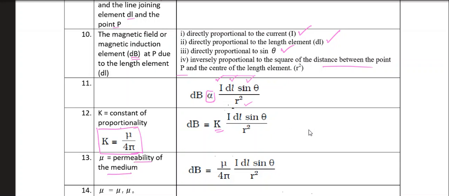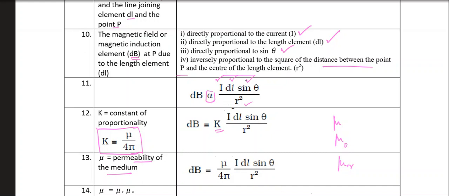Permeability through free space is mu naught. Relative permeability is mu r. So this is the relative permeability, and this is the permeability through a certain medium, and this is the permeability through free space, that is vacuum. Right. So dB is equal to mu divided by 4 pi into I dl sine theta divided by r squared.